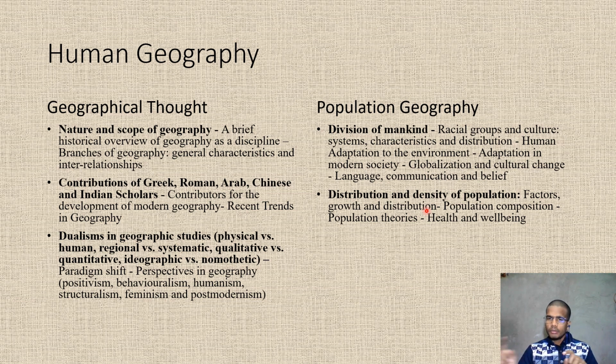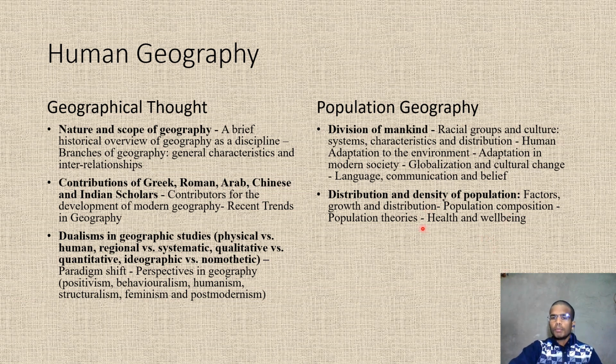We will come to India later, but this is for the world. You need to know which continents are the poles for population distribution, which have major population, and what those areas are. Then you need to know the top 10 countries on population distribution. Then health and well-being: in this, human development index questions can be asked.